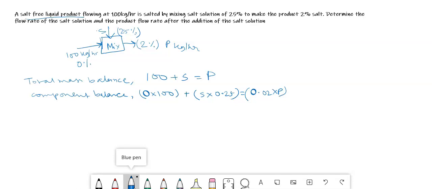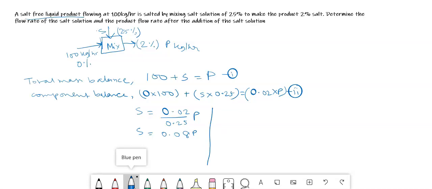So from this equation we can write S is equal to 0.02 by 0.25 P. So S is equal to 0.08 P. Now, this is equation 1 and this is equation number 2.